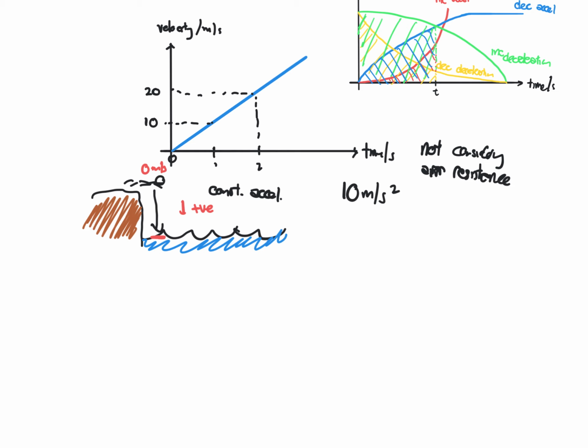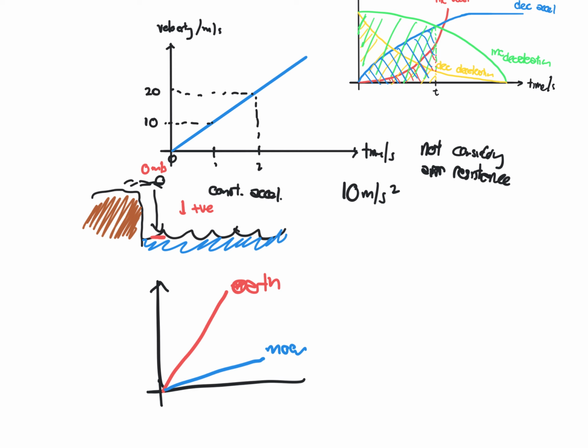Would it look like this, or would it be this? These are both velocity time graphs. Would it be A or B?